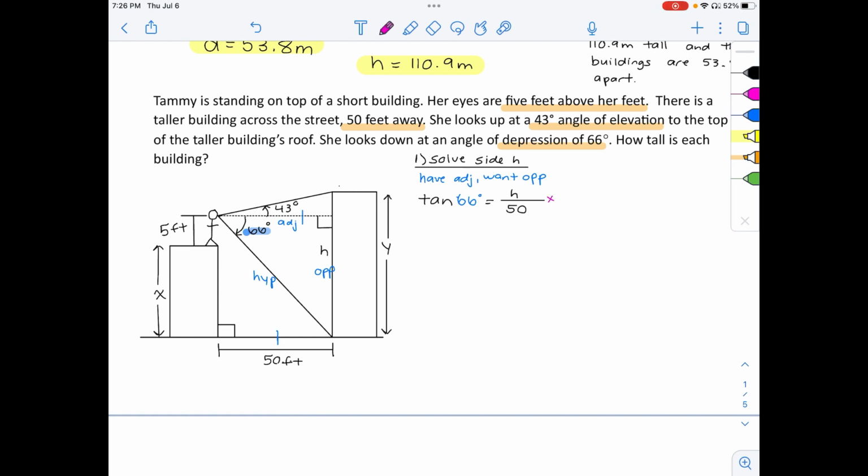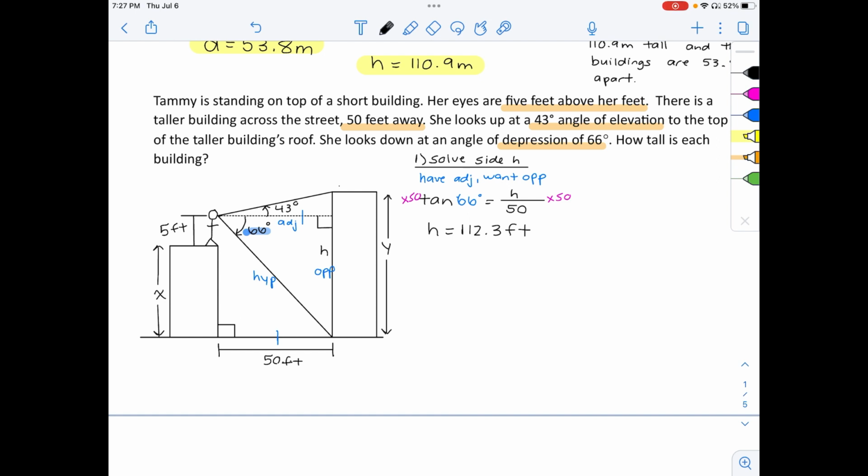Then to isolate it, I'm going to multiply by 50 on both sides, and I will have that H is equal to 112.3 feet. So that's one piece of information solved.